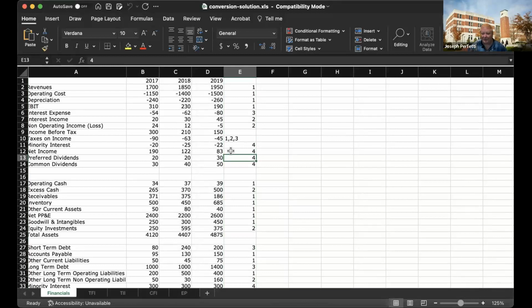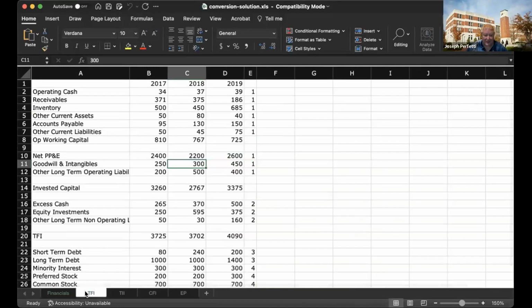I usually do the balance sheet first because it's easiest, but you can do either. They're independent of each other, and you have to convert both. Then from those two statements, you create the cash flow statement, the CFI. So you have to do the income statement and balance sheet to get to that cash flow, and that's probably the one that most of you struggled with. But nonetheless, TFI was the first one.